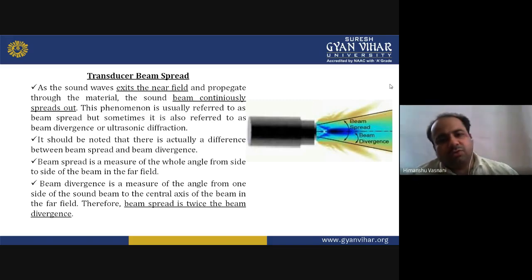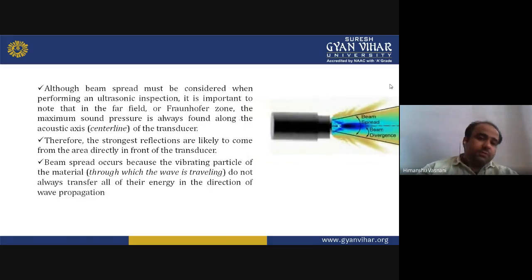When you talk about transducer beam spread, beam spread is twice the beam divergence. That is the good thing. Beam spread must be considered when performing an ultrasonic inspection, because this is the main purpose that we are doing.